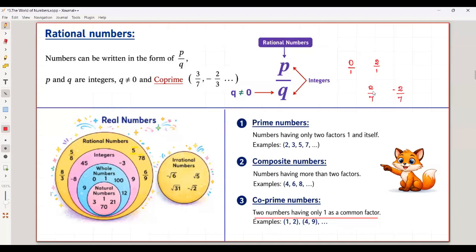Here 2 by 7 is a fraction. A fraction means a part of a whole, and it cannot be negative. Whereas for minus 2 by 7, p and q are integers, which can be positive or negative. But in a fraction, it cannot be negative. So that is the difference between rational numbers and fractions.